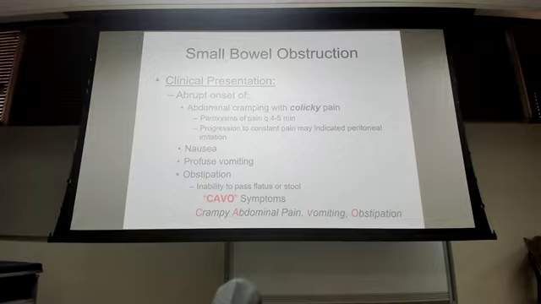Every 4 or 5 minutes, you're going to get waves of pain as the GI tract attempts to go through peristalsis, trying to push past the obstruction. If the obstruction stays for a while, the pain can become constant. So early on, it's going to be that intermittent and severe wave of pain, and CAVO.